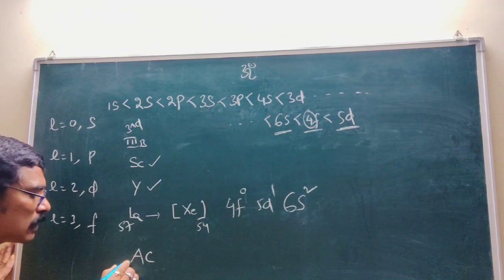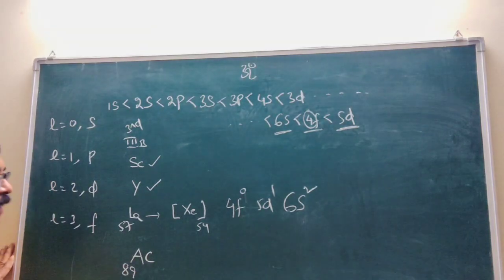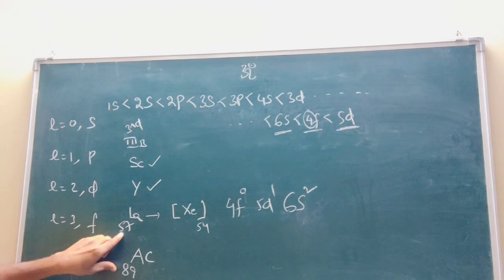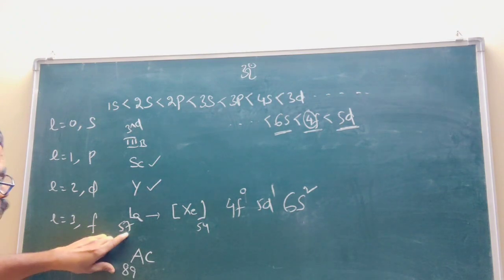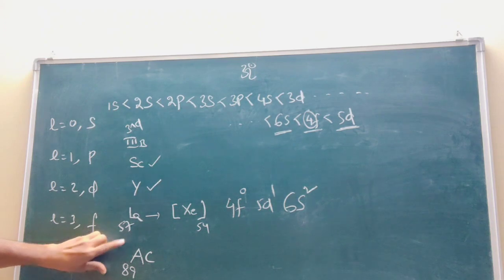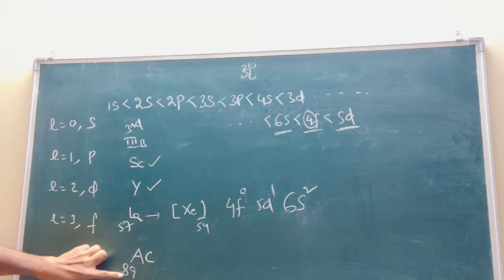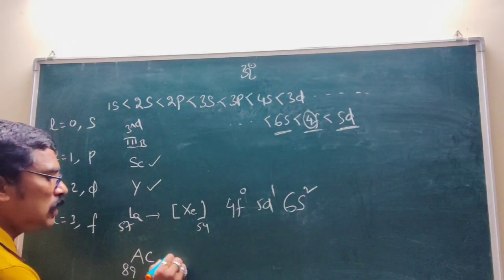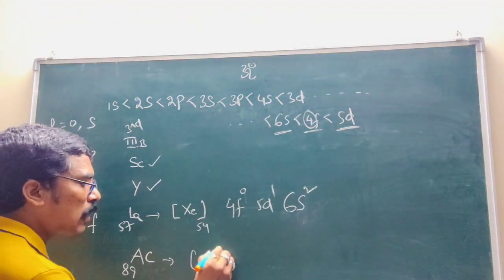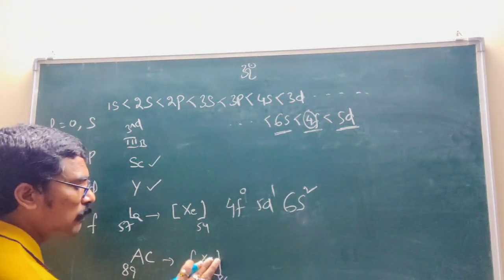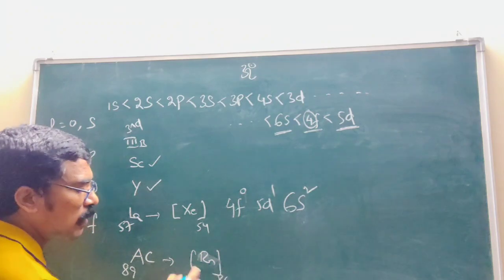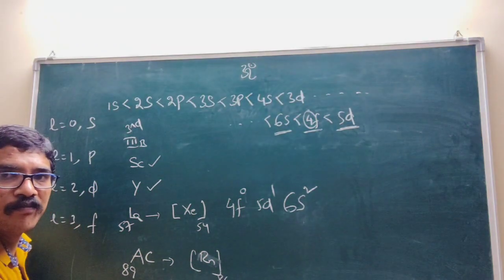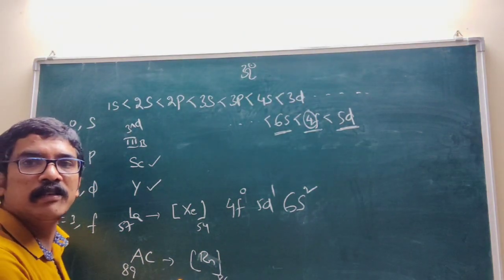What is the electronic configuration? 57 plus 32 is 89, that is actinium. Here also xenon, then radon 86 is completed.